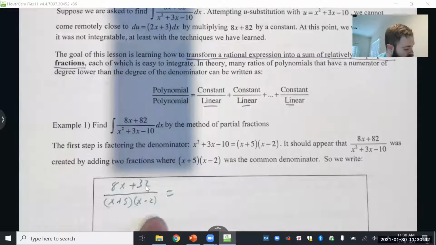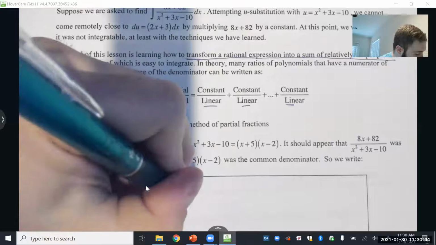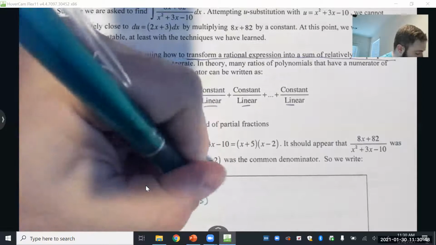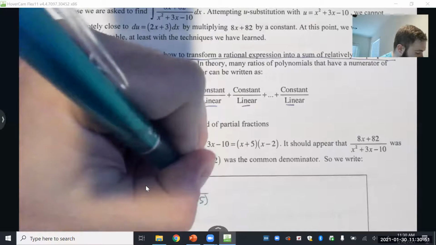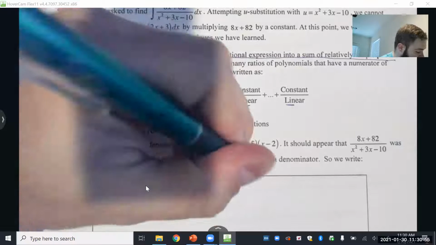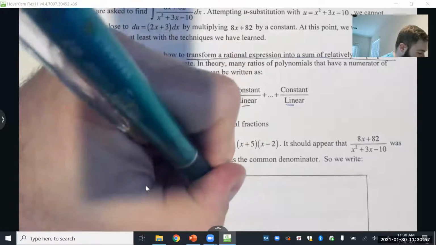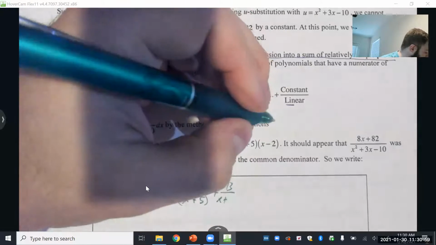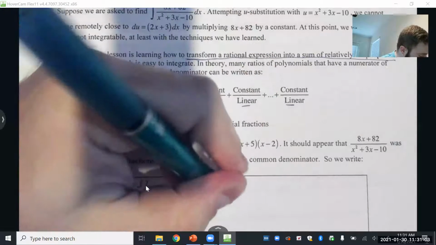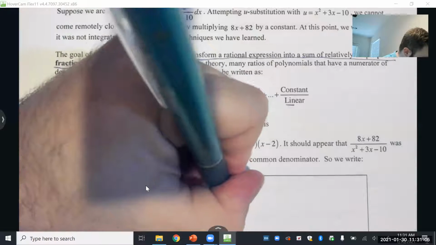So those new factors will be the denominators, with some constant up above, plus b over x minus 2.